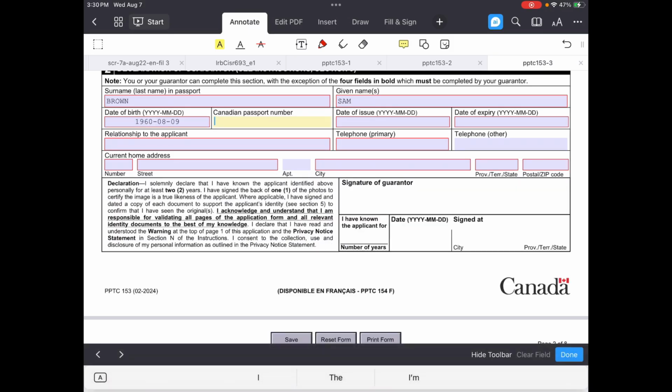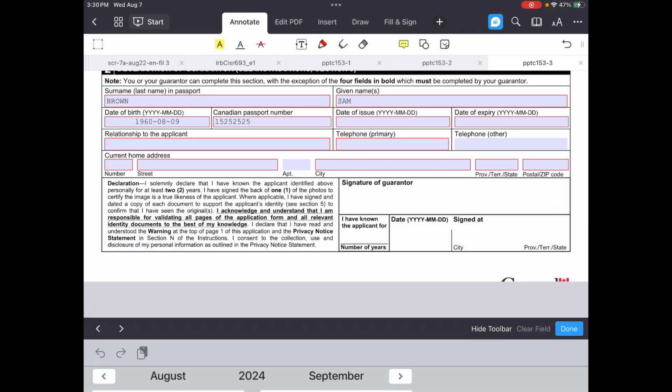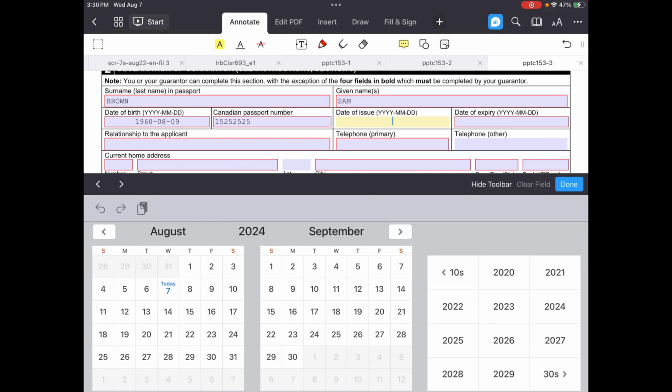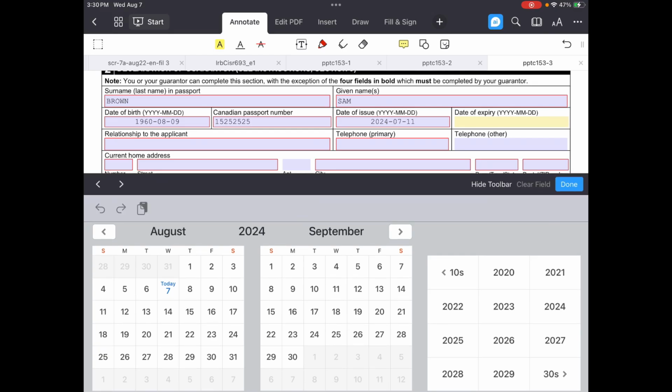Then it's asking for their Canadian passport number. We're just gonna type something fake, and then the date that their passport was issued, we're gonna say it was issued July 11th, 2024. Canadian passports usually expire within 5 to 10 years.